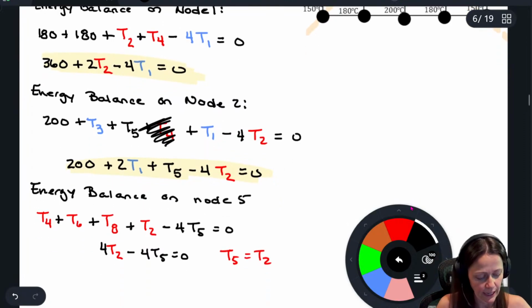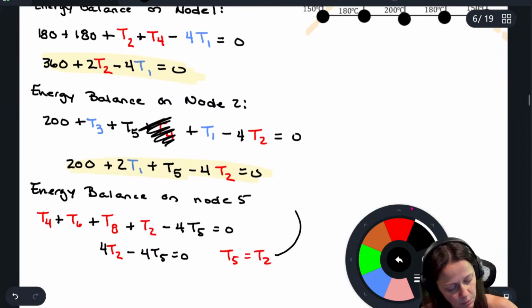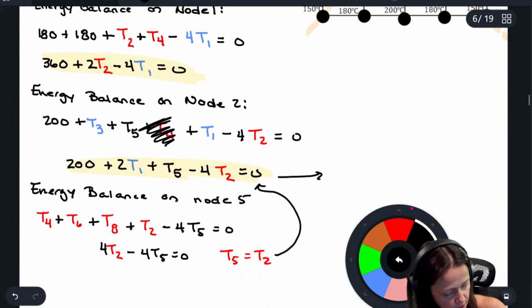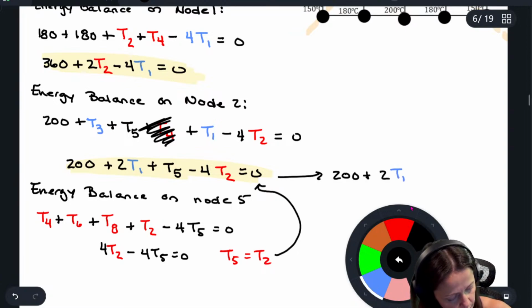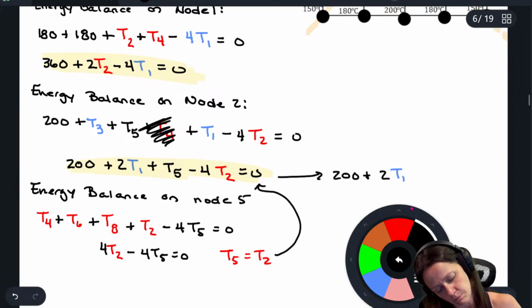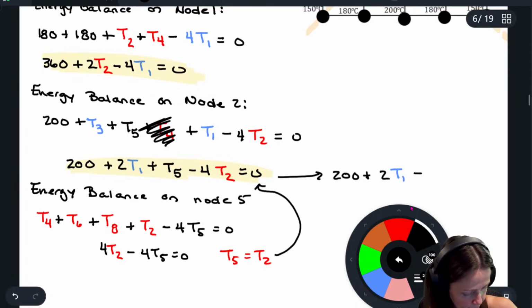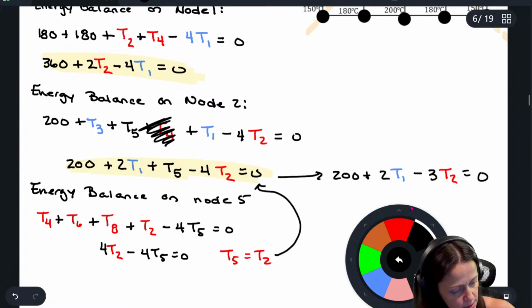Okay. And so with that information, I'm going to plug that in there, maybe make that a little bit simpler. So now I've got 200 plus 2 T1 minus 3 T2 is equal to 0.